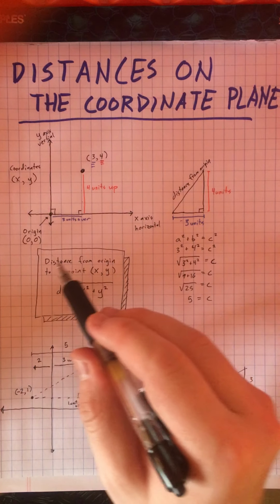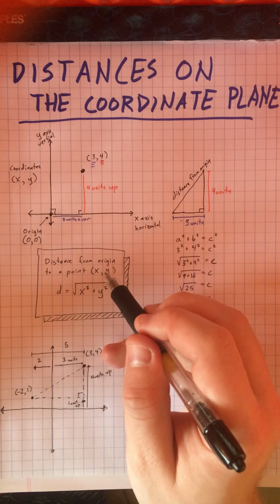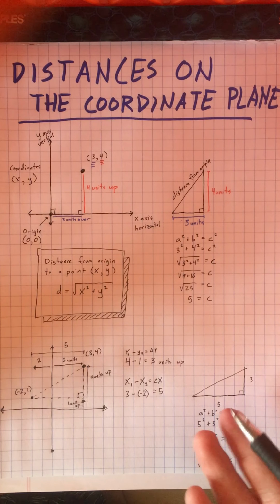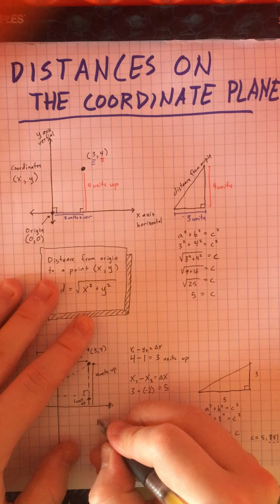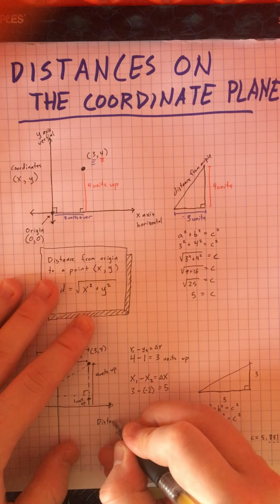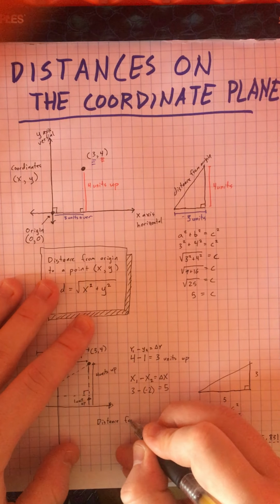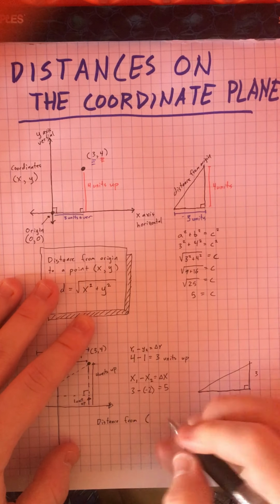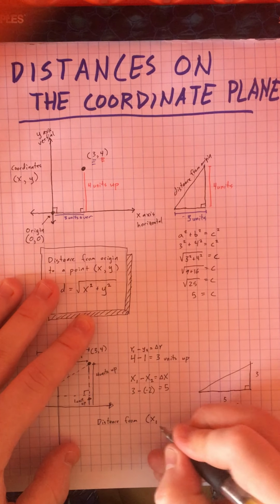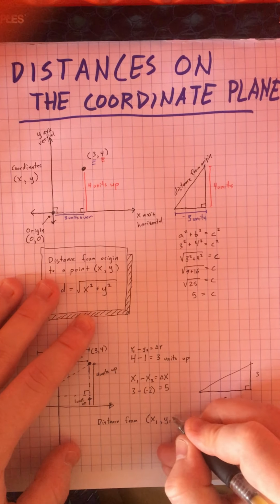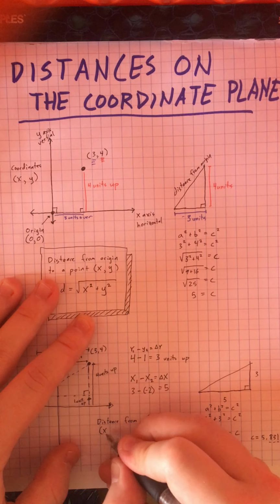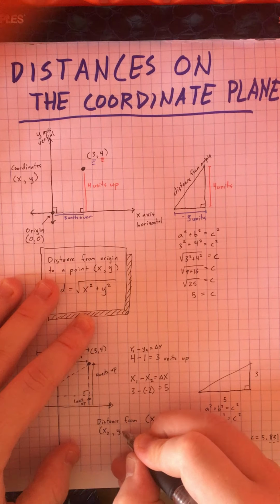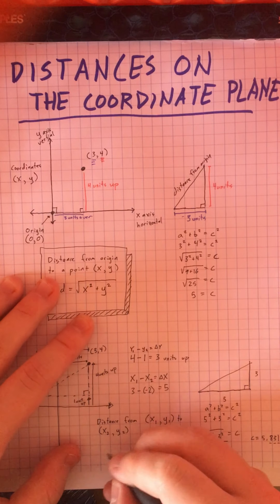So we can take our original formula, which was the distance from the origin to a point, and we can adapt it now for going between any points. So this is the distance from point 1, call it x sub 1, y sub 1, to x sub 2, y sub 2, can be given as follows.